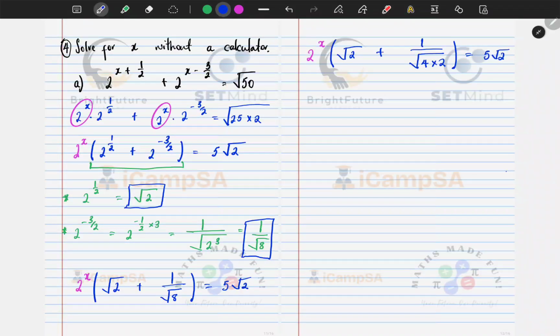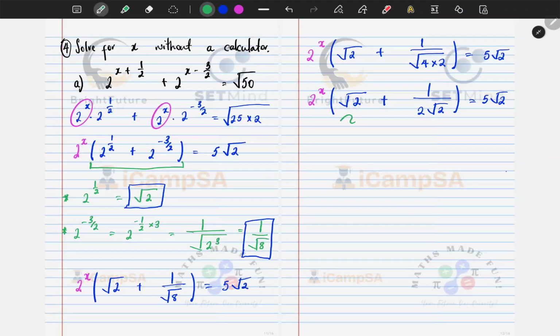Now I go on and simplify that, which is going to be 2 to the power of x into root of 2 plus 1 over root of 4. The root of 4 is 2, and the root of 2 is root 2. So I am going to have 2 root 2 equals 5 root 2.